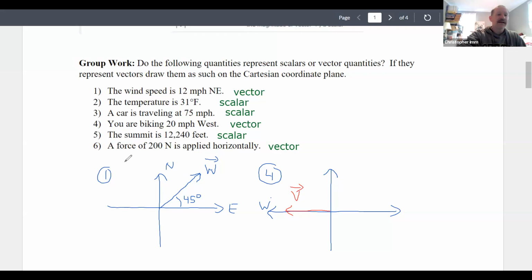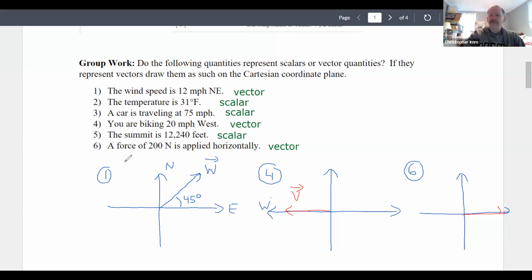All right. And a force of 200 newtons is applied horizontally. So this is also a vector quantity, number six. It doesn't really tell us which way horizontally it's applied, so we can actually choose direction here. Again, I'm going to signify it in a different color.